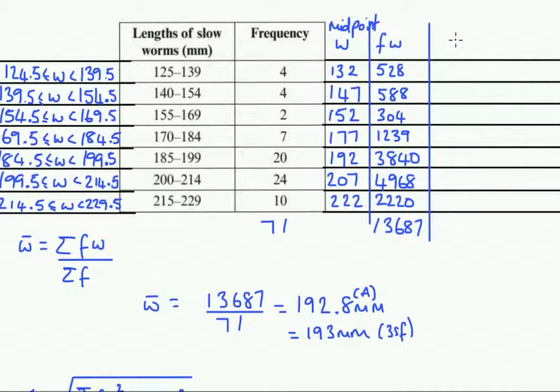So I'm now going to work out an FW squared column, and the first number I'm going to do is 4 times 132 squared. We're just squaring the 132, we're not squaring the whole thing, and that comes out at 69696.